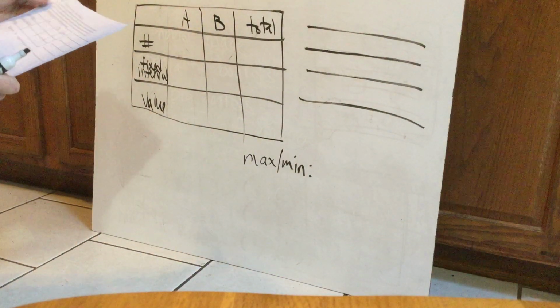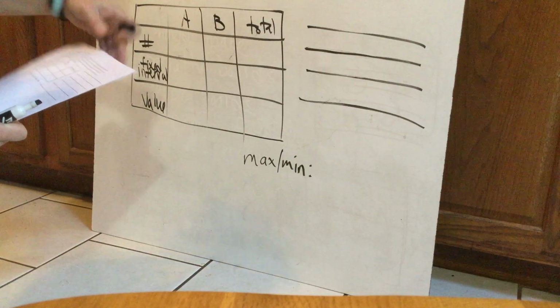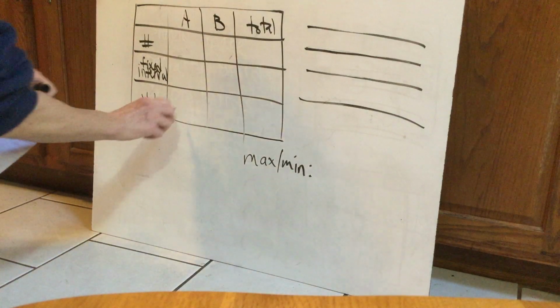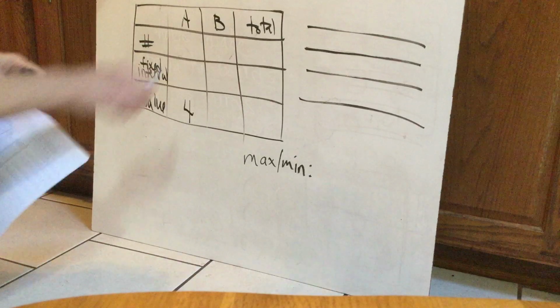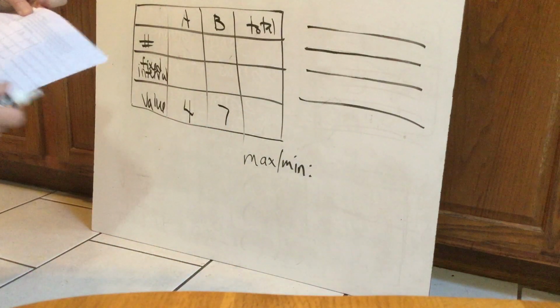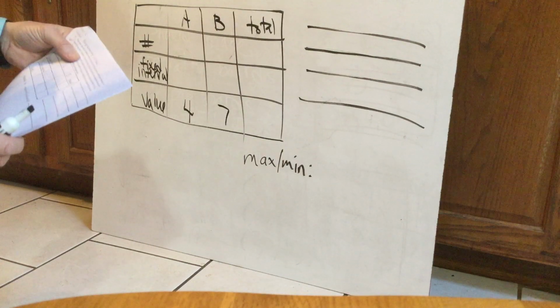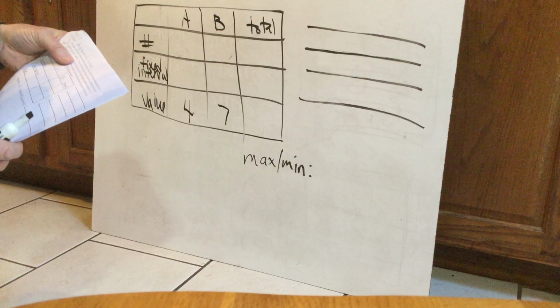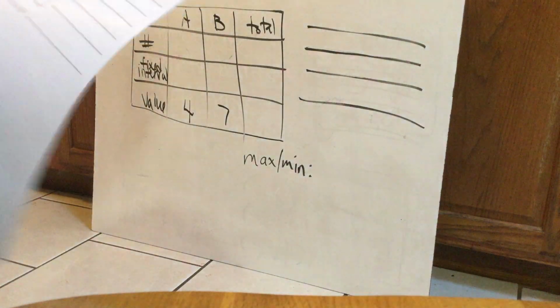So we'll talk about that. You are about to take a test that contains questions of type A worth 4 points and questions of type B worth 7 points. You must do at least 5 questions of type A, but time restricts doing more than 10.